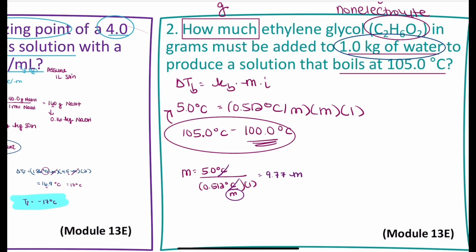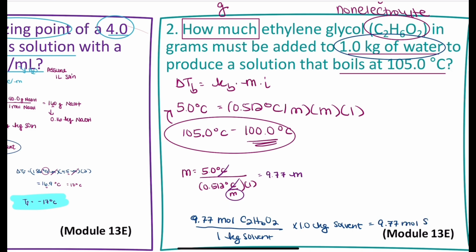So if I have a 9.77 molal solution, that is 9.77 moles of C2H6O2 in 1 kilogram of solvent, and I'm told I'm using 1 kilogram of solvent, because again, water's my solvent. This means I have 9.77 moles of my solute, which is C2H6O2.